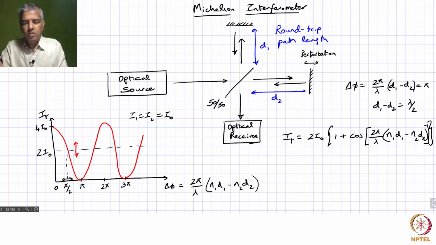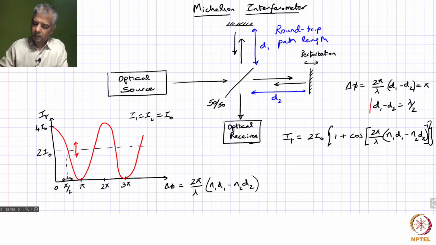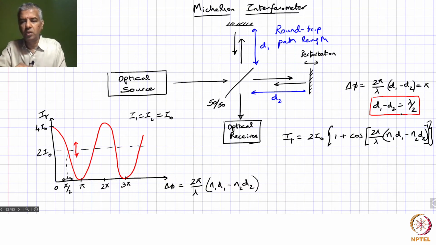And we also made the point that this sort of interferometer is going to be very sensitive to path length changes. Even if the path length changes are in the order of lambda by 2, you are going to have a large change. Essentially, you will go from maximum to minimum, or minimum to maximum, whenever the path length changes by lambda by 2.